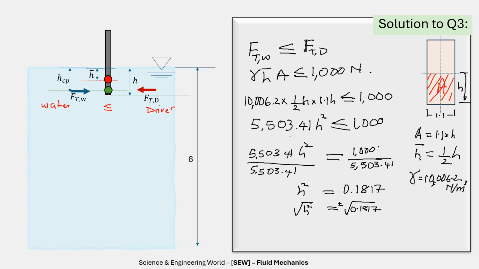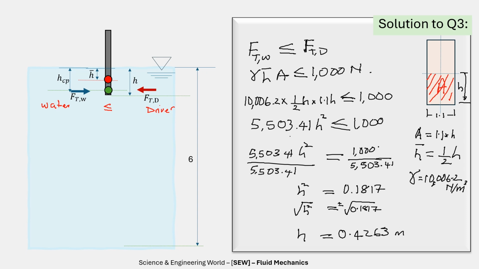H is equal to 0.4263 meters. Now we see that we have plus or minus because we should have two roots here.